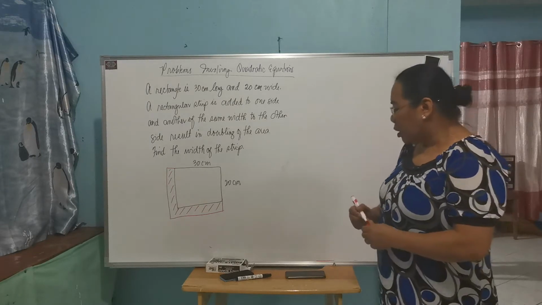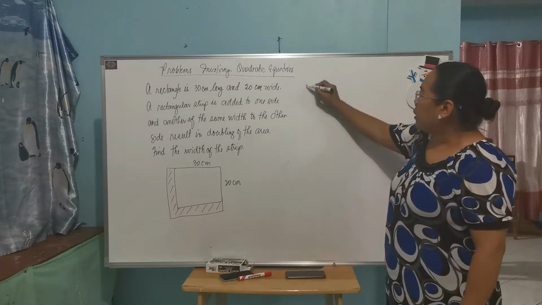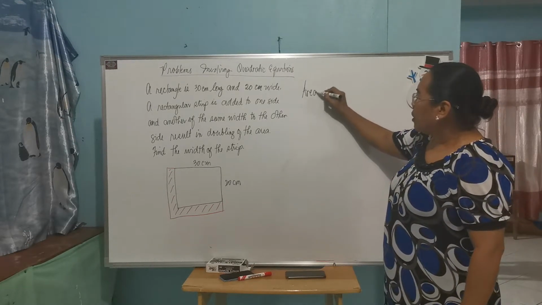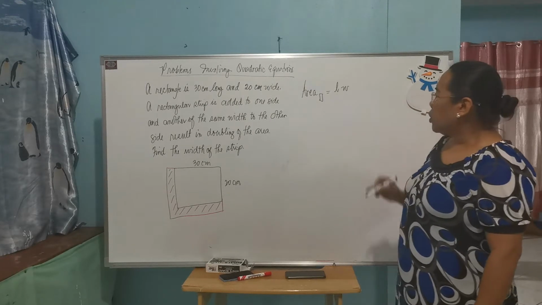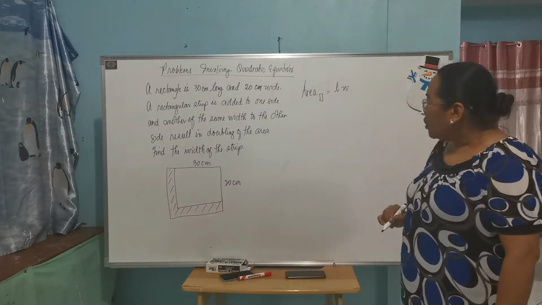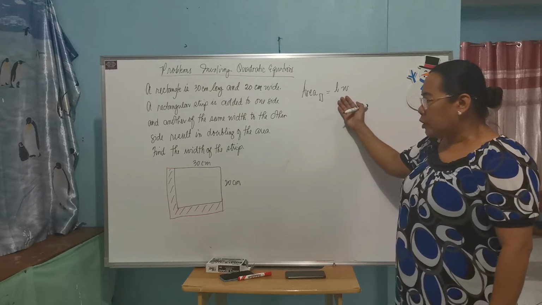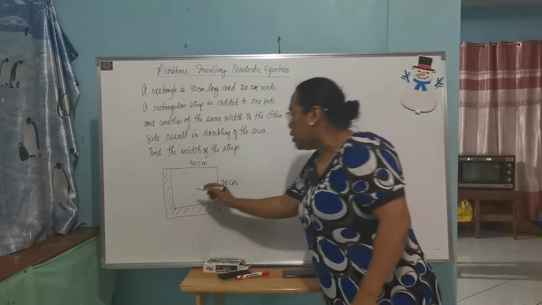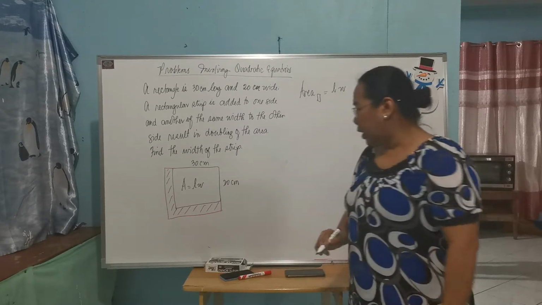So let's try to recall the area for the rectangle. So the area of your rectangle is equal to the length times your width. Okay? So we are going to identify first the area of the original rectangle. So we have here the area is equal to length times your width.